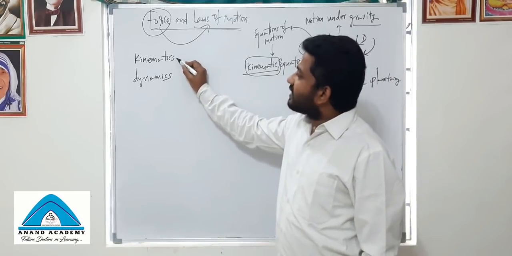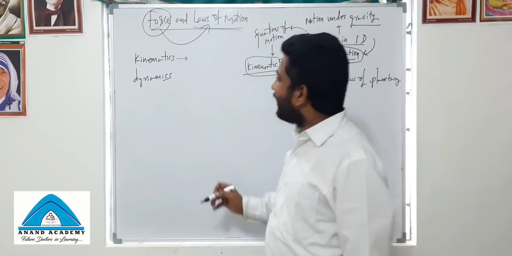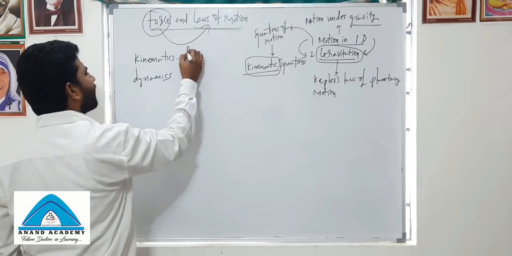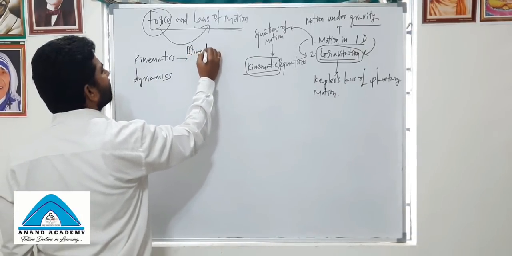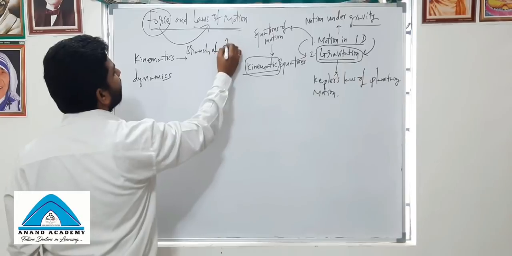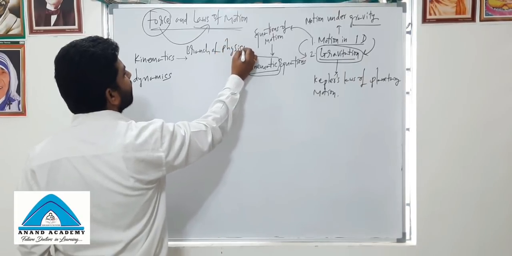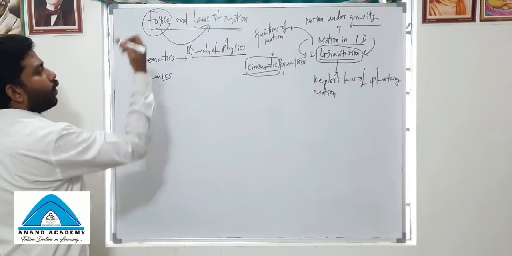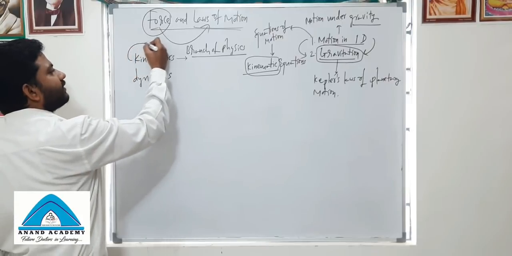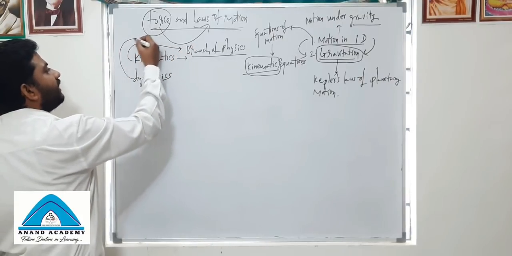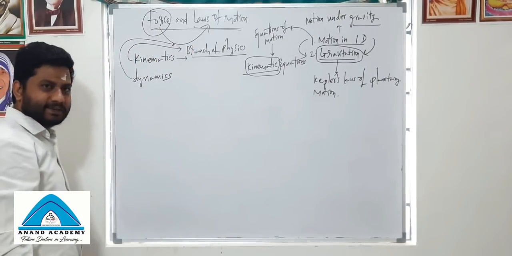Kinematics is a branch of physics, whereas dynamics is also a branch of physics.